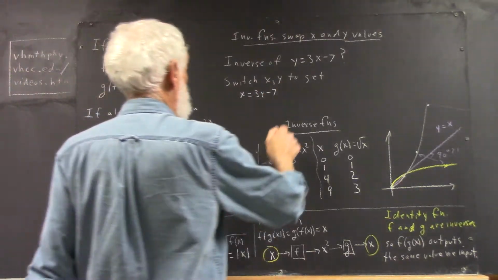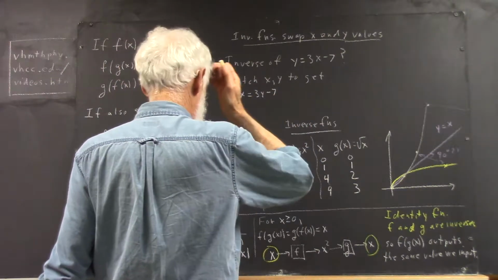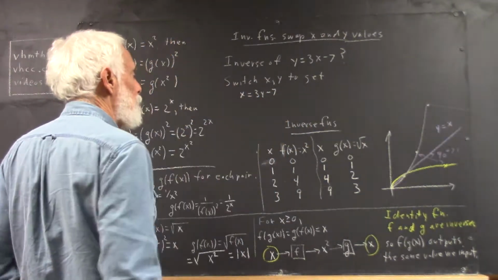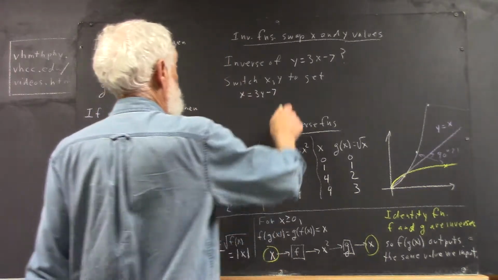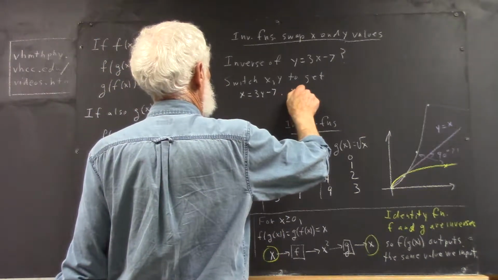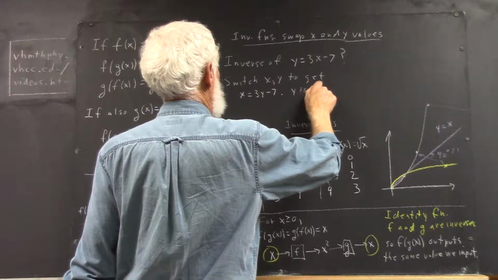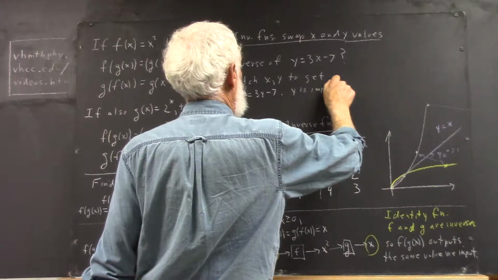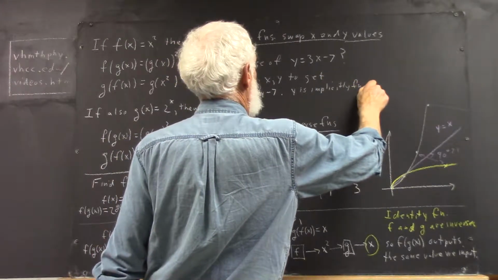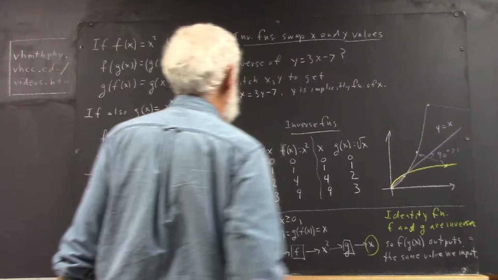Then this equation gives y implicitly as a function of x. So y is implicitly a function of x.